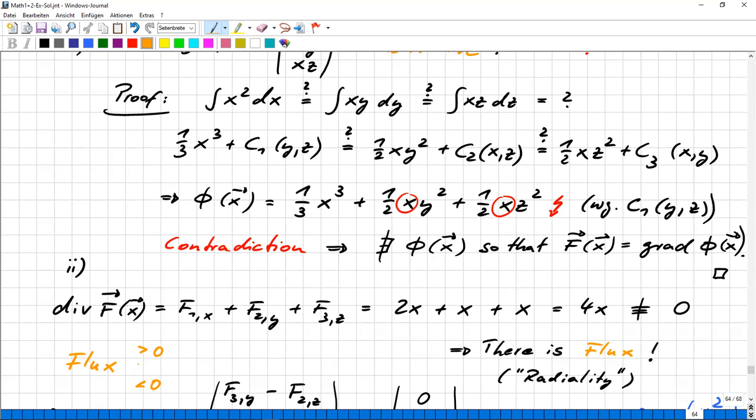And if it's 0, which is often the case, you can interpret it as a flow through a closed surface, right? So this would mean that for a given little closed surface, there is some streaming outward, there is some streaming inward, or there's some streaming through. These are the three cases.